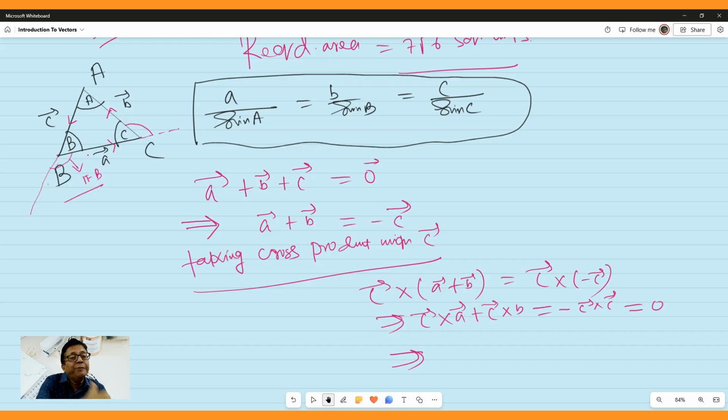So C to A, it is coming outward. C cross B, B is like this. If you want to find C cross B, then it will go inward. Am I correct?